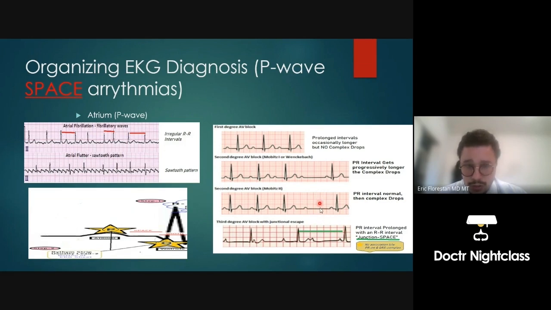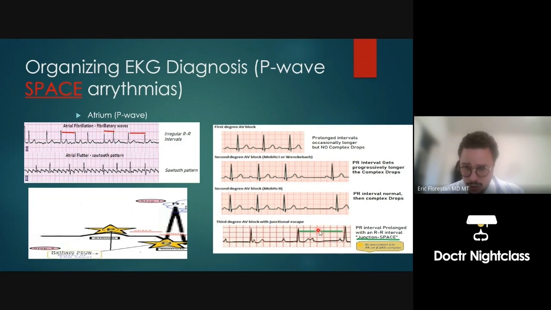This one's a little harder to distinguish, because the P wave looks pretty normal. So the third degree AV block, they usually don't ask this on the exam. But basically what happens is the PR interval becomes so prolonged, and this is actually a narrow QRS complex, but the specific thing you look for is an elongation of the RR interval.